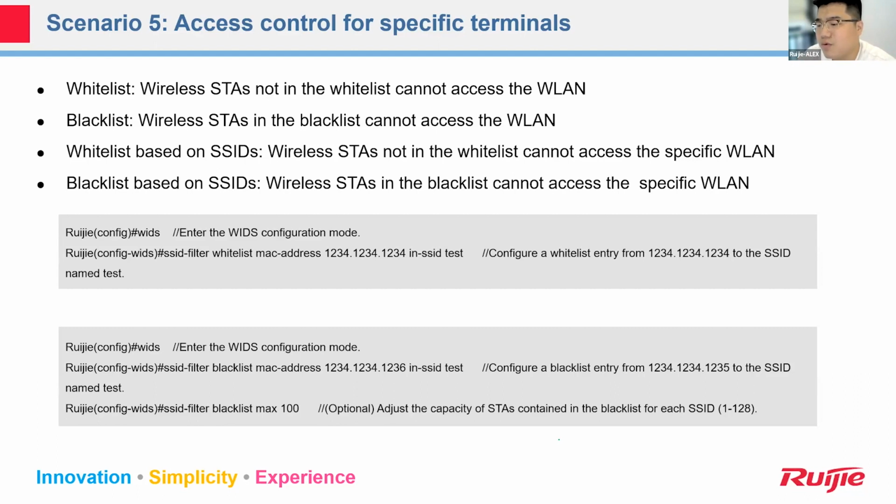But if you only want to enable it for one specific SSID, you can use the whitelist based on SSIDs or the blacklist based on SSIDs. In this way, you can specify which SSID you want to enable this blacklist or whitelist for. Okay, and here is the configuration command you can see.